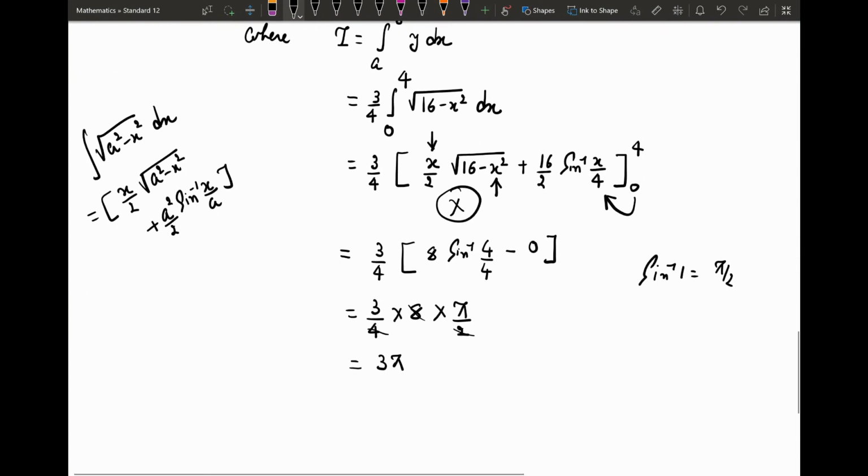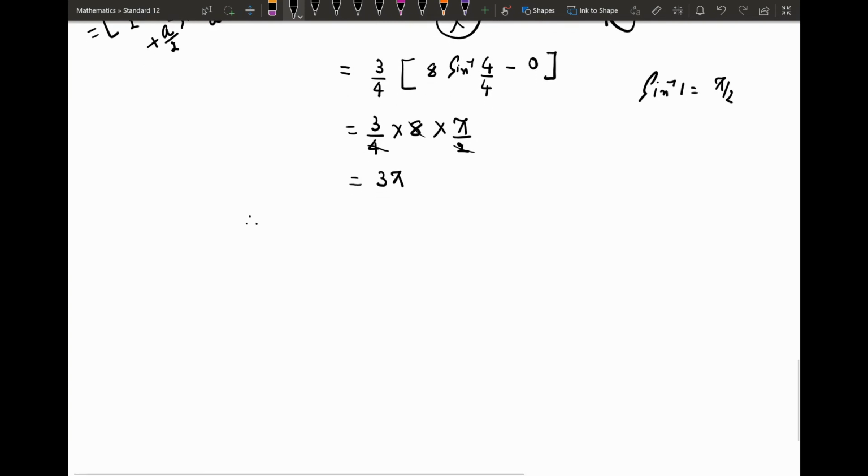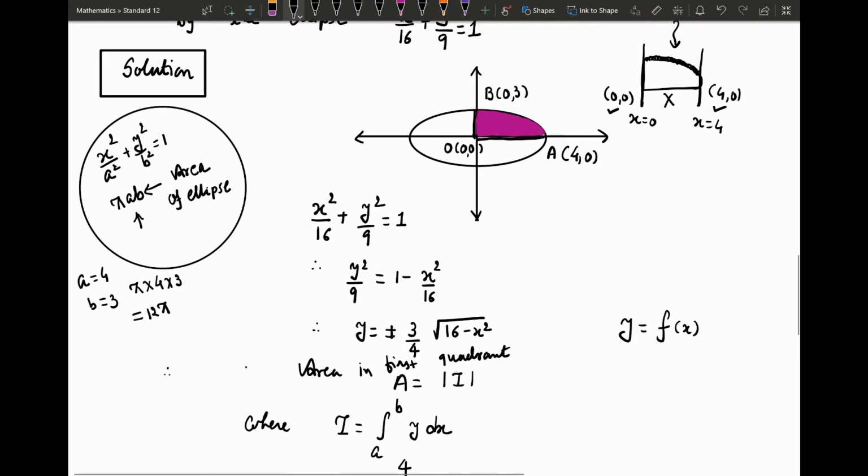Total area therefore equals 4 times 3 pi. So you can observe it is 12 pi square unit. As we have discussed, according to the shortcut, it is 12 pi. So it is exactly the same.